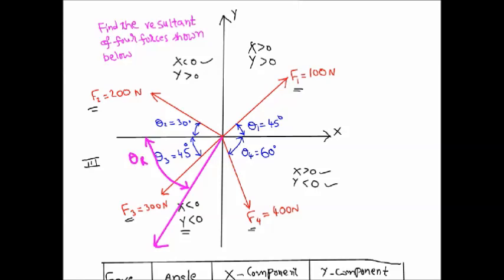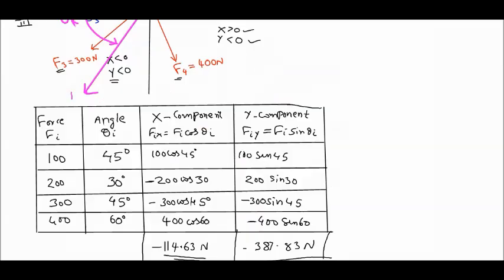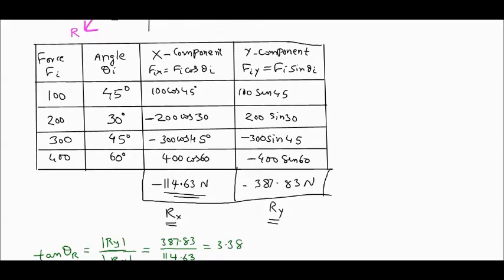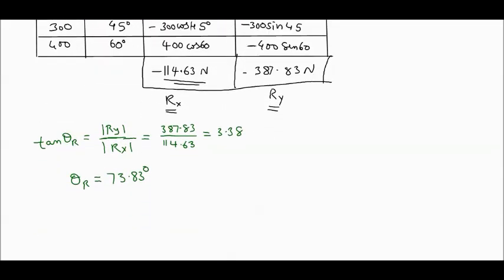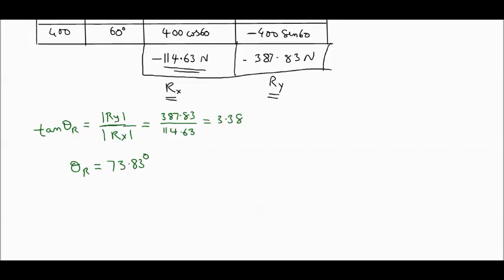Any number of forces, F1, F2, F3, F4 in this case, but in a general situation you may have n number of forces, and the method of analysis is exactly the same. The magnitude of the resultant force R may be computed from the values of Rx and Ry shown in the table here.